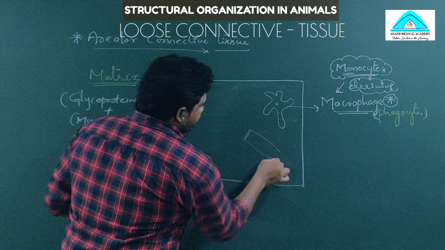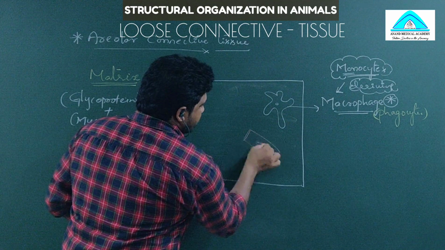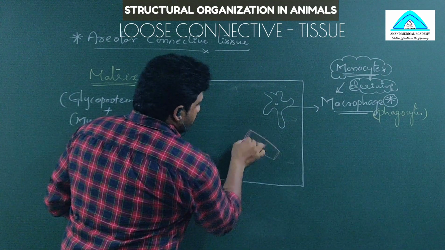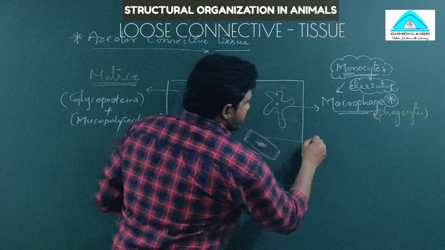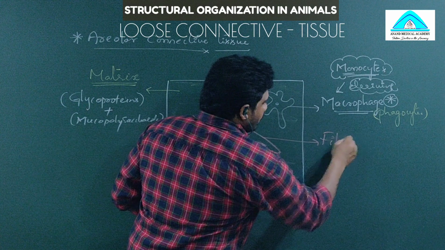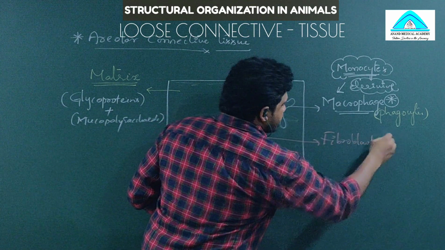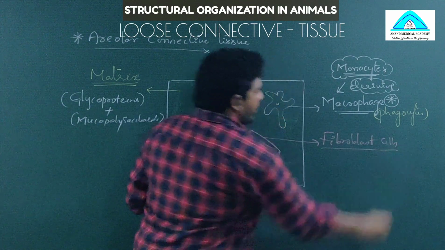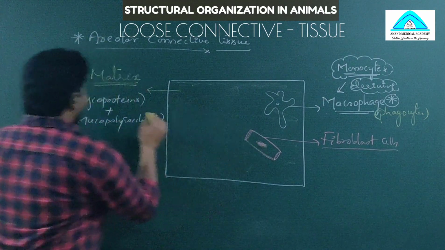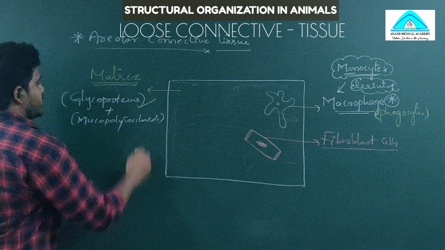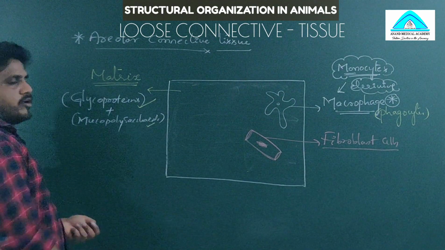The second type of cells, if you see, are called fibroblast cells. Earlier I have already given a hint. The fibroblast cells are also called chief cells. Why? Because they secrete a type of chemicals, glycoproteins, and another type of chemicals, mucopolysaccharides.